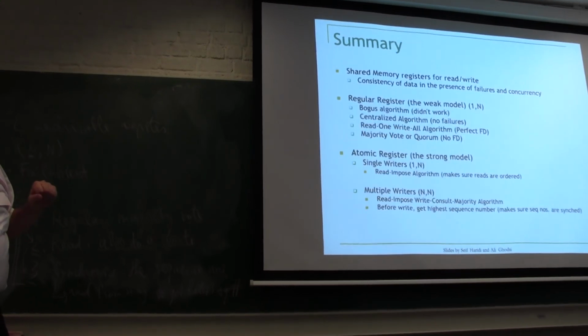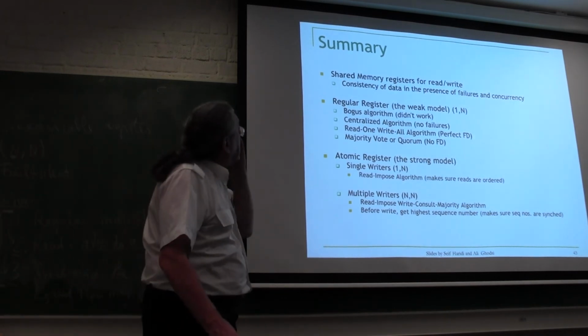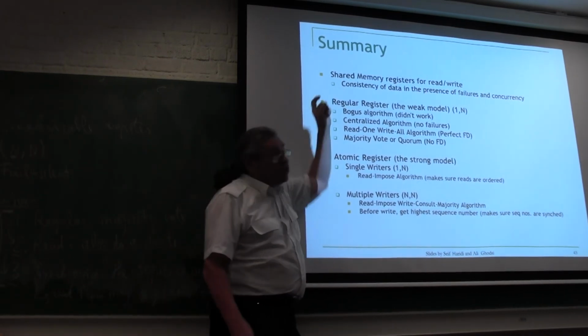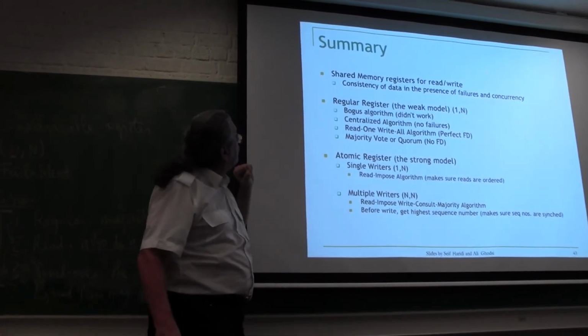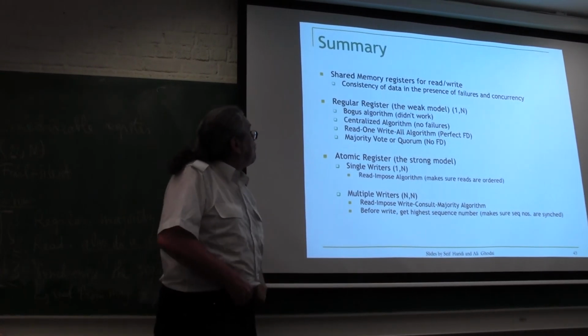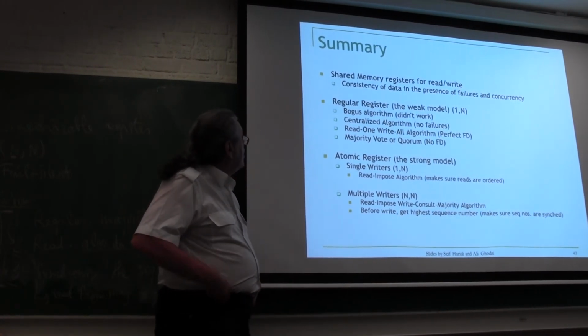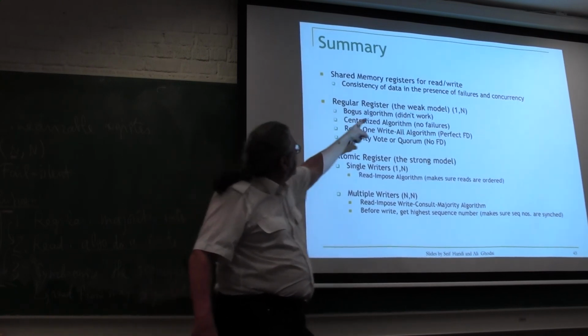Okay. So let me just summarize what we saw today. We want to do shared memory. That's the lecture for today, for read and write. It's basically consistency in the presence of failures and concurrency. We first defined the regular register, which was weak.